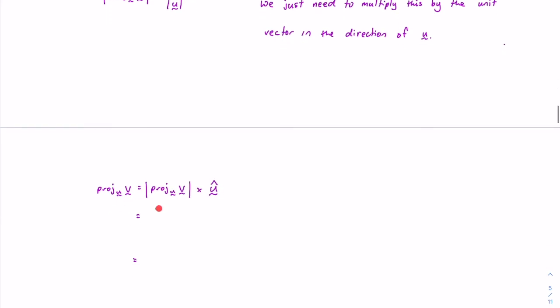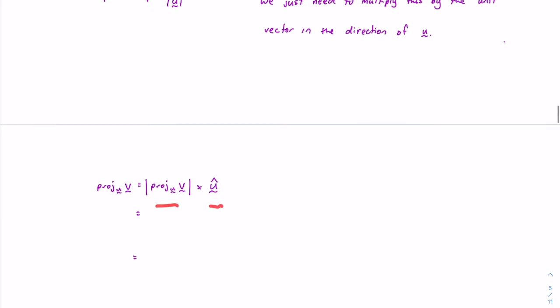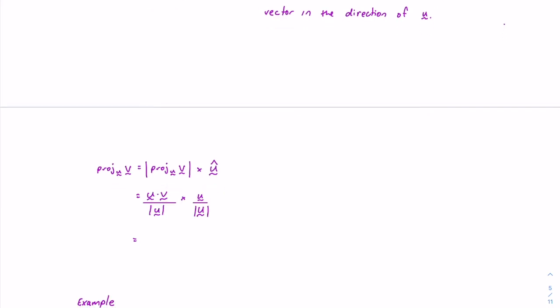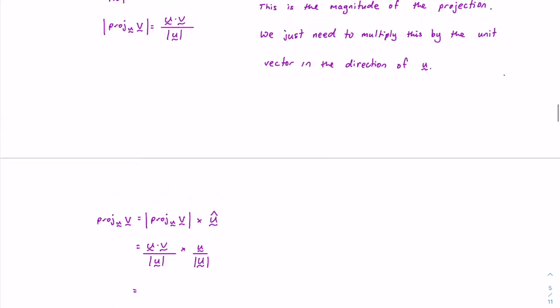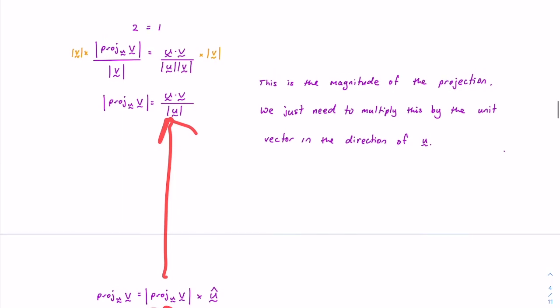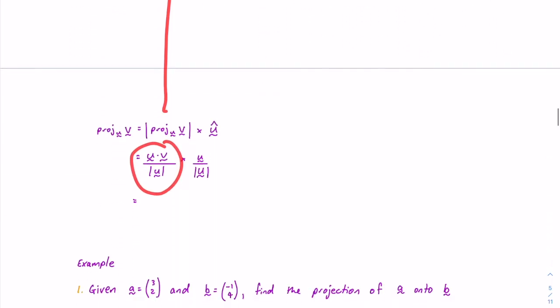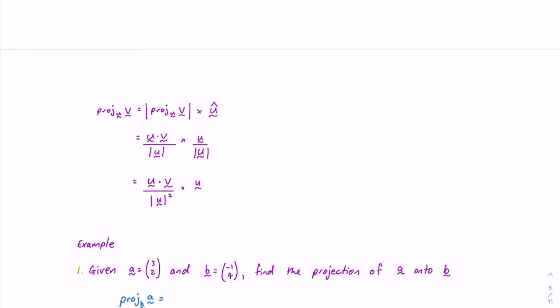So the length of it multiplied by the unit vector in that direction. The unit vector in that direction is this, the vector divided by its magnitude. And this first part is just coming directly from what we saw up there. And then we just put that all together, and that's our formula. So that's the proof of that formula.